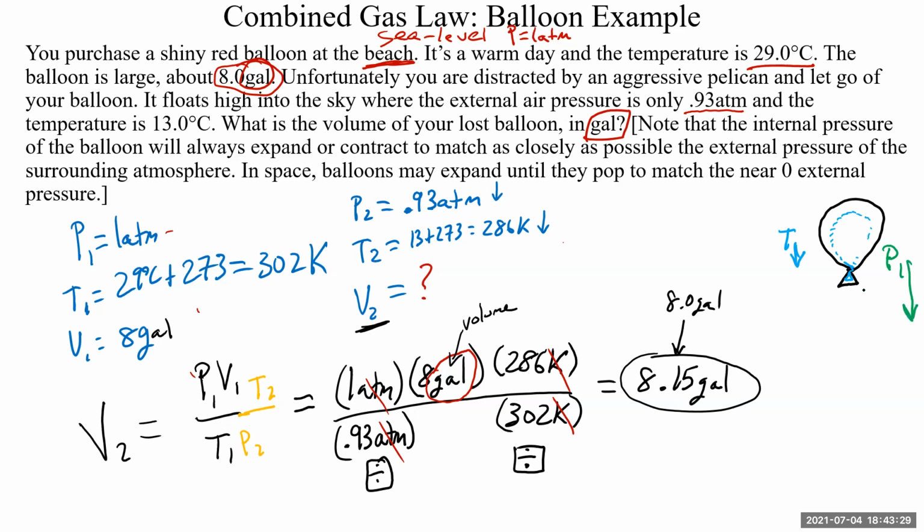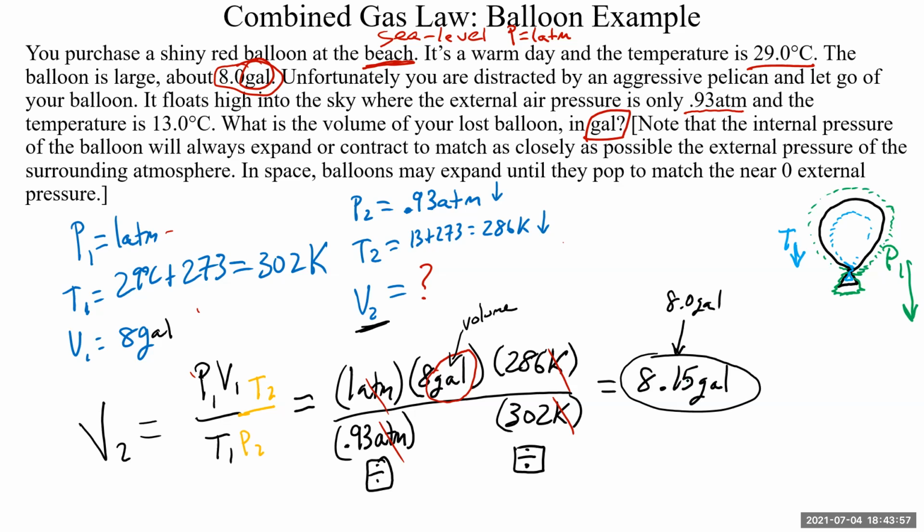And remember, a reduction in pressure means an increase in volume. So that caused the balloon to expand even more than the shrinking effect of the temperature. So pressure factor outweighed the temperature factor. That's what we're saying.